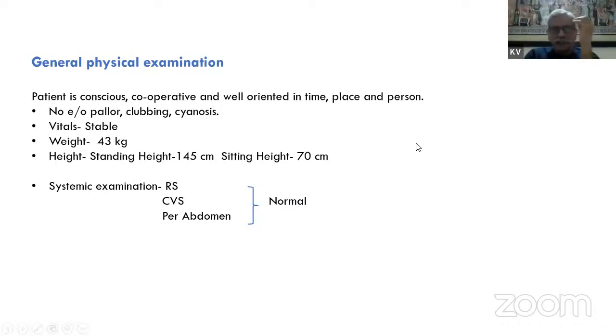Please stop for a second. Why did you do the standing height and the sitting height? We do standing height and sitting height, and on serial measurements, if the sitting height is not increasing and the curve is progressing, we have to suggest a treatment, sir.